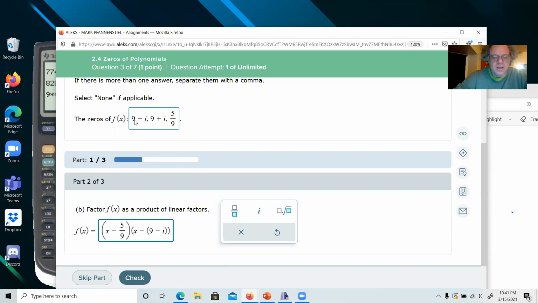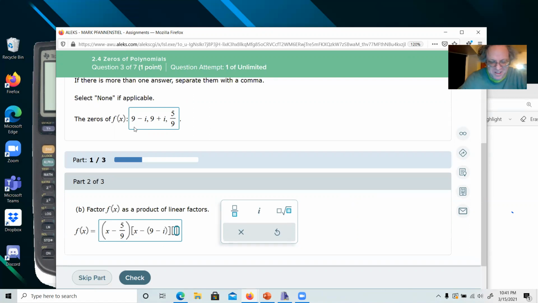Okay, a lot of times we'll use brackets for this instead, but that's fine. Actually, can we use brackets? By the way, I know from previous experience that if I use brackets around the x minus 5/9, it gets mad at you and it won't let you do it.